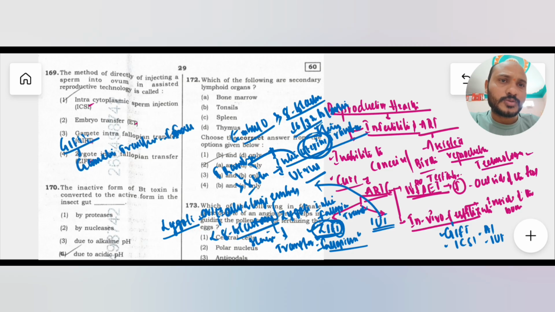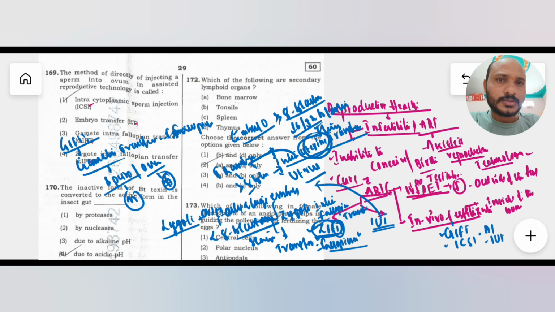Whose gamete? The male gamete, sperm, or the female gamete, ovum, which we collect and directly transfer to the fallopian tube. Why the fallopian tube? Because fertilization takes place in the fallopian tube.